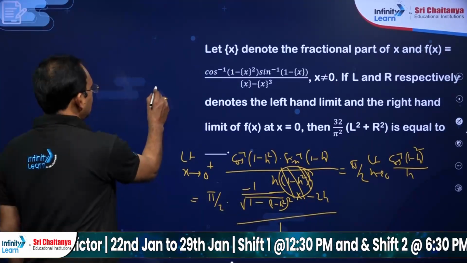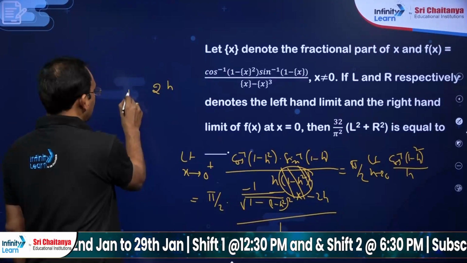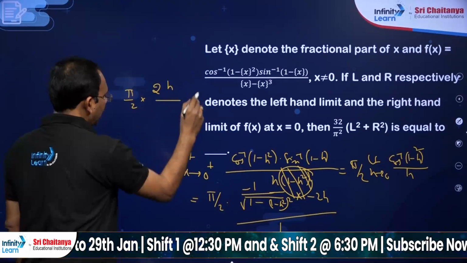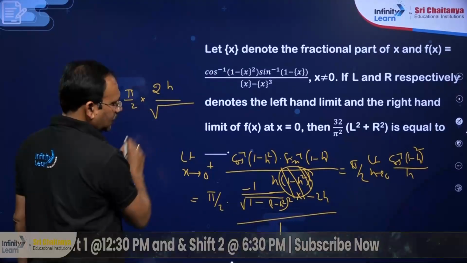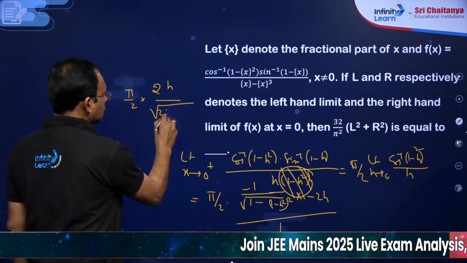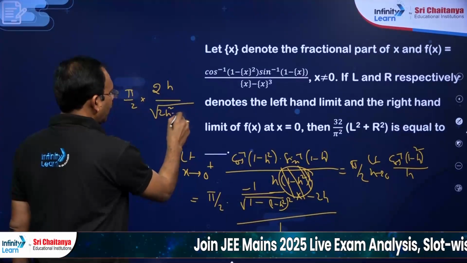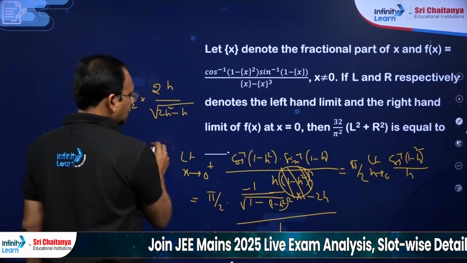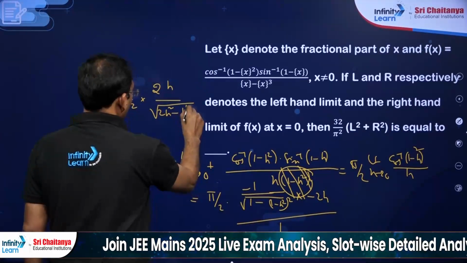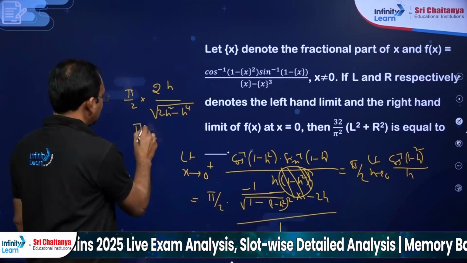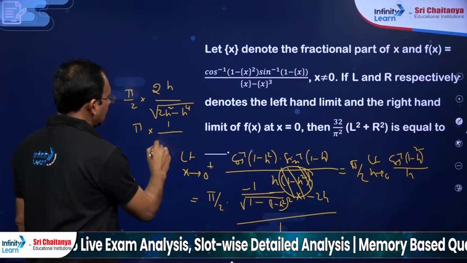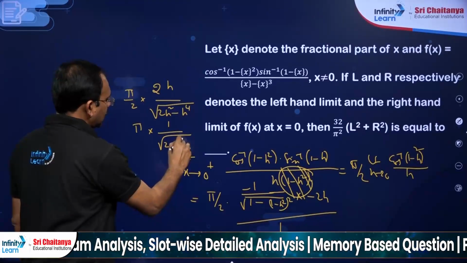Now as h tends to 0, 1 gets cancelled, minus also gets cancelled, you will get pi by 2 into 2h by, 1 gets cancelled, you will get 2h square minus h power 4. You take h square common and cancel with 2, you will get pi into, h is cancelled, root of 2 minus h square.